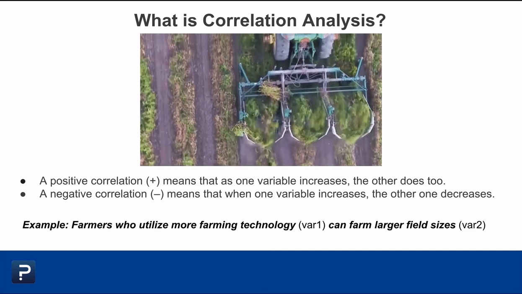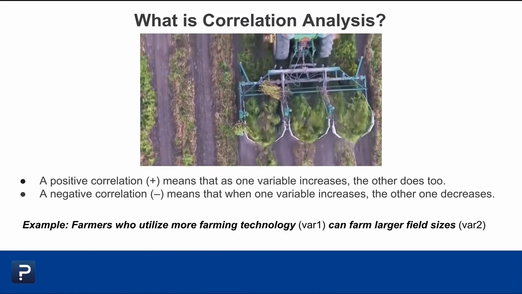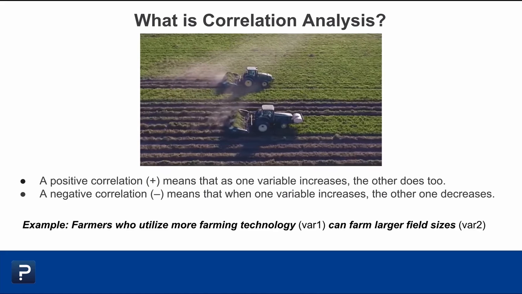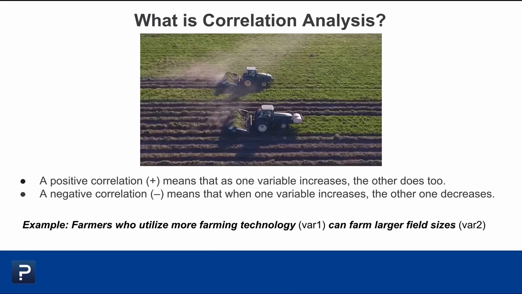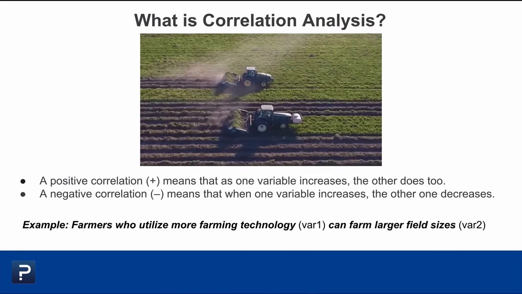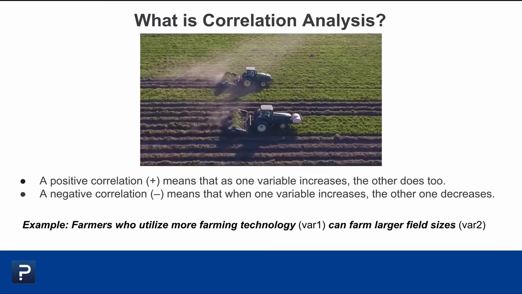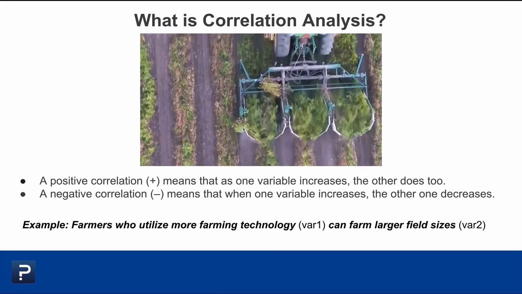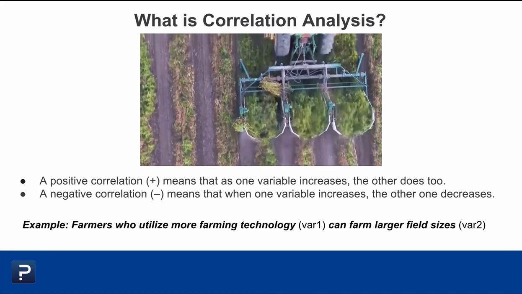And a negative correlation means that when one variable increases, the other one decreases. So a good example of one that increases is that farmers who utilize more farming technology, which is variable 1, can farm larger field sizes, and that would be considered a positive correlation.